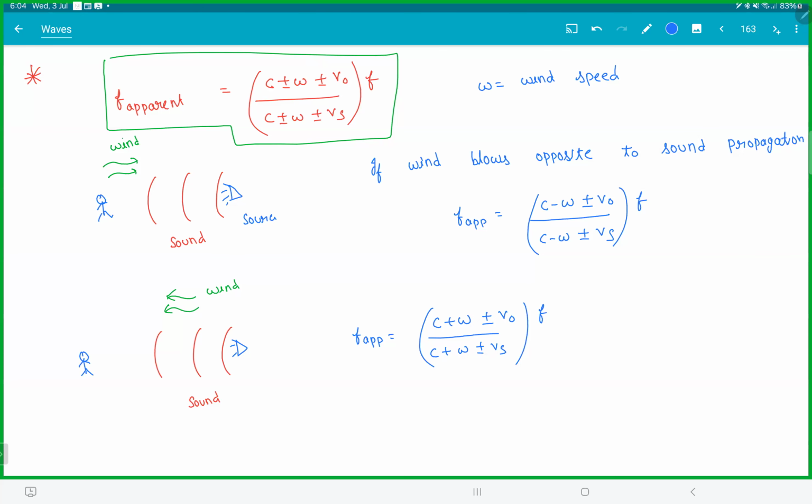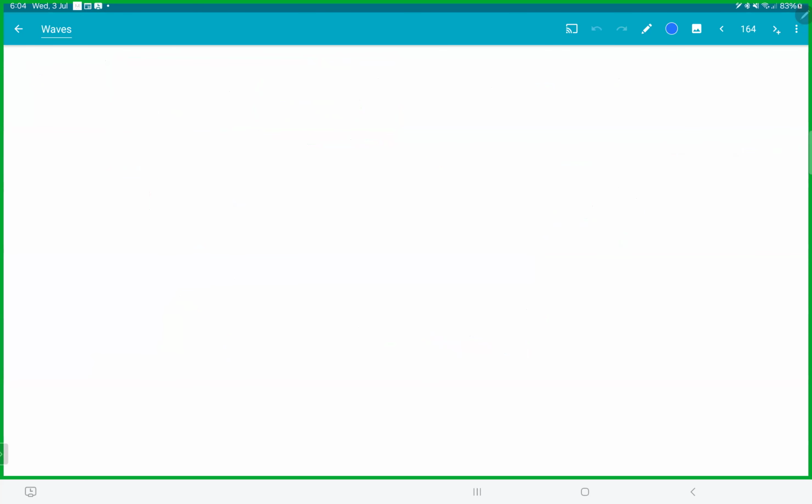First thing, this formula is valid only when source, observer, and wind travel along the same direction, with constant velocities. If someone starts accelerating, this is gone.